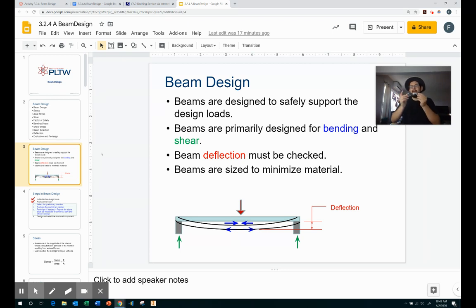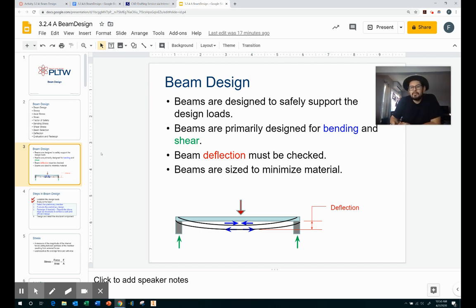Equally, at the ends where there's shear, the reaction force pushing up, but then the load pushing down, that change in shear, or that kind of pressure pushing up or pushing down, whichever it is, can actually cause a beam to fail too. Just like a pencil, if I put too much shear, it could fail there.